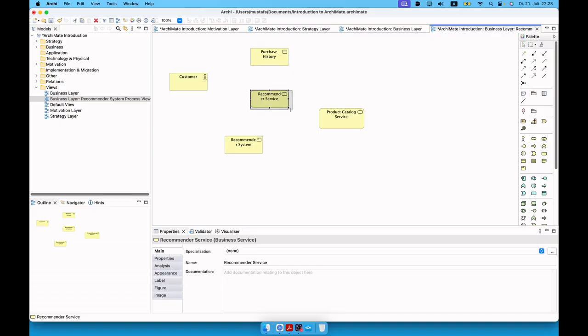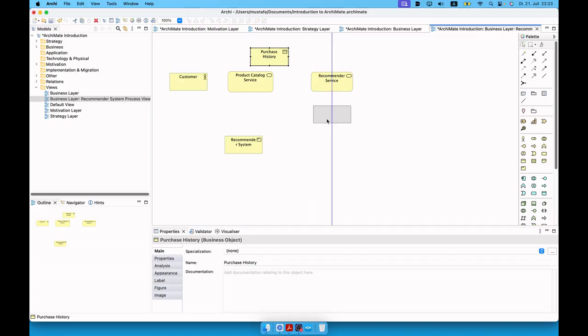This one as well. This is the entry point for our system, and the product catalog service will communicate with the recommender service. The recommender service will access the purchase history, and together they make up the recommender system.